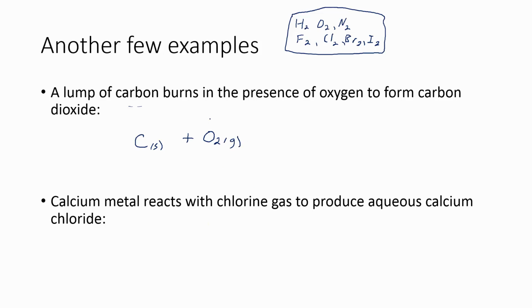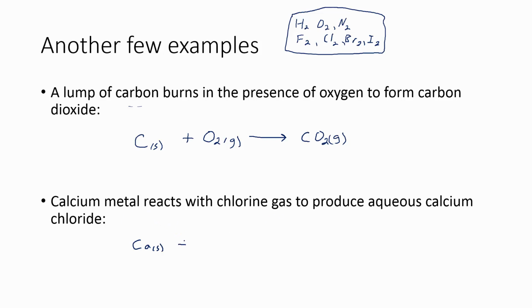Oxygen, we're assuming this is at room temperature, so we'll say it's a gas. Forms carbon dioxide. We know how to translate that into a formula, and carbon dioxide at room temperature is a gas. Pretty straightforward. Calcium metal. Okay, so calcium metal. Metals are solid unless they say otherwise.